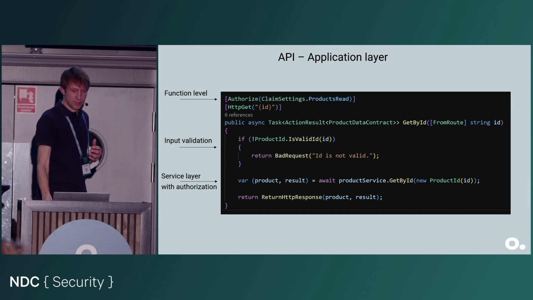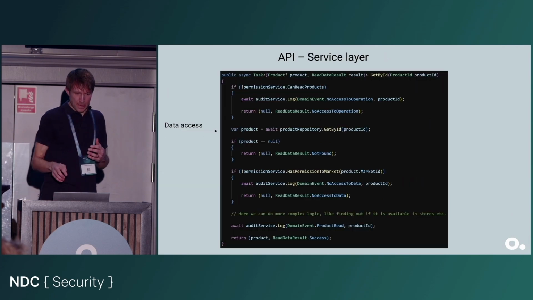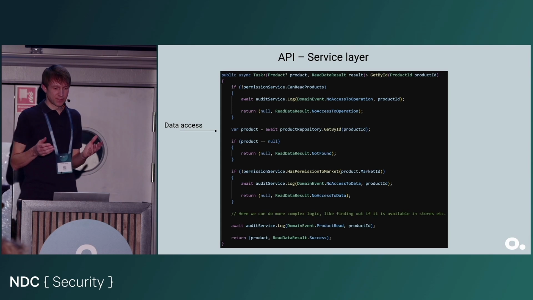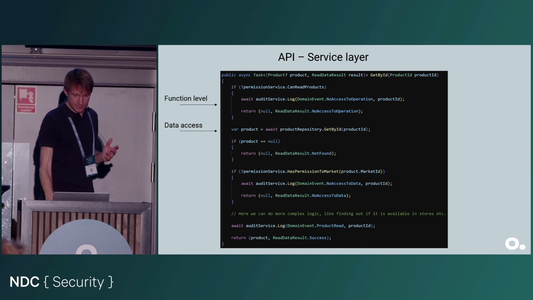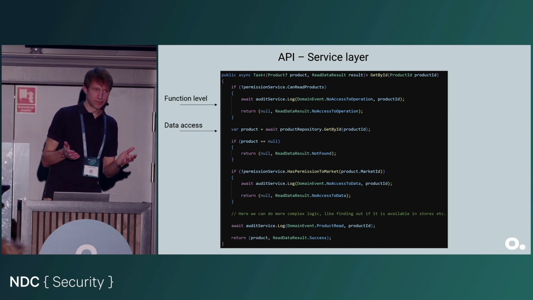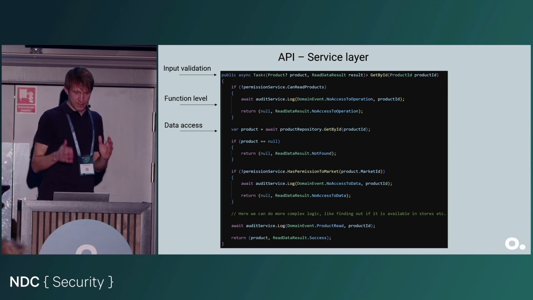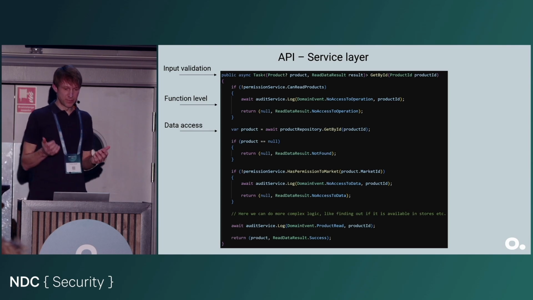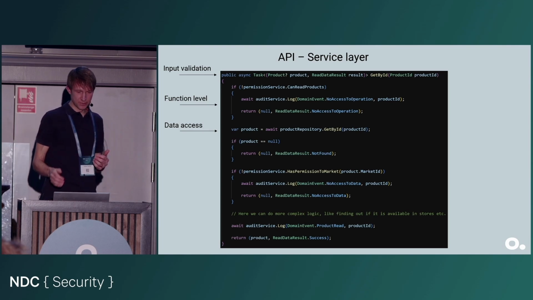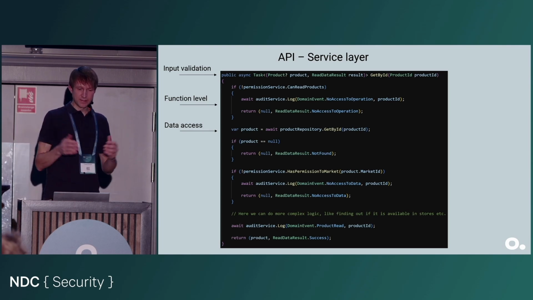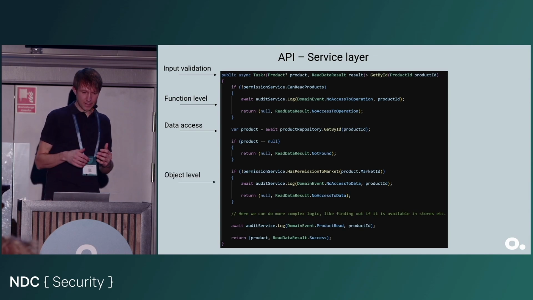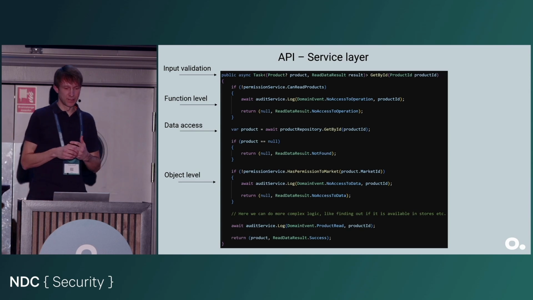So if we look into the service layer, then it does the same data access as before. Nothing has changed really there, but we have added function level authorization. We have input validation, since we're using strongly typed domain objects entering this function. We don't allow any strings that are unrestricted. And then we have the object level authorization as well.